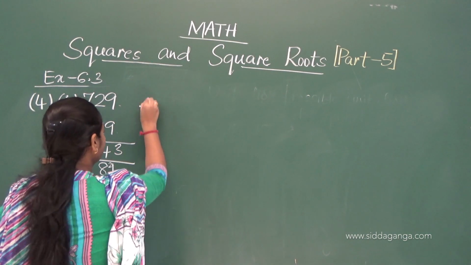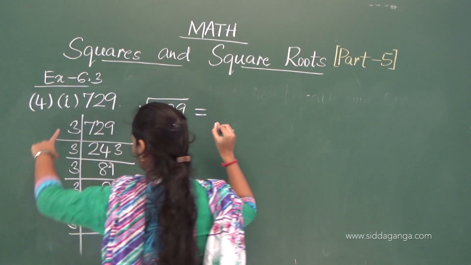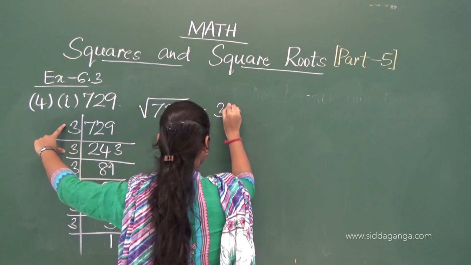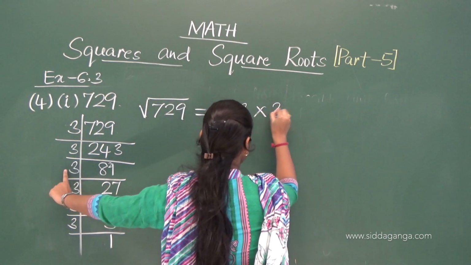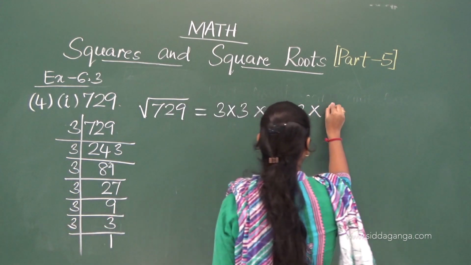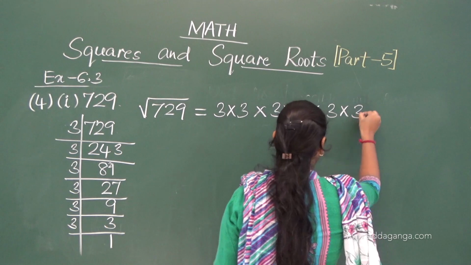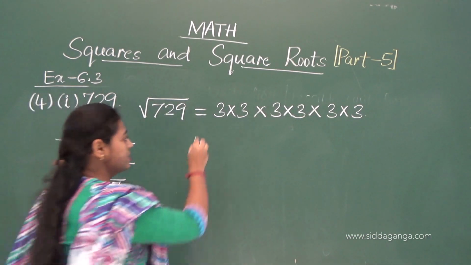Therefore, root of 729 is equal to 3 into 3 into 3 into 3 into 3 into 3. Next step is to make pairs of similar numbers.